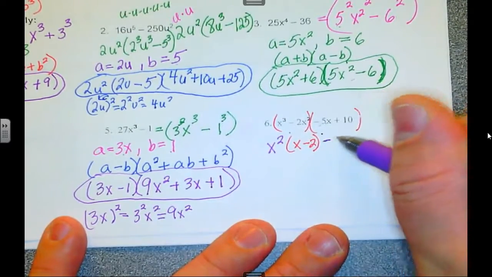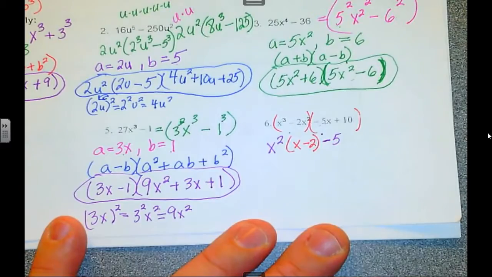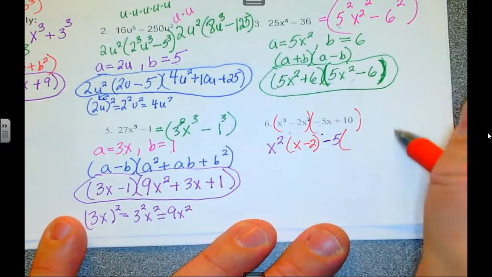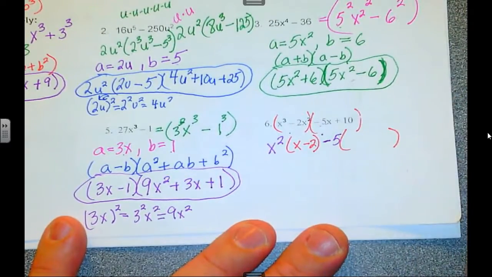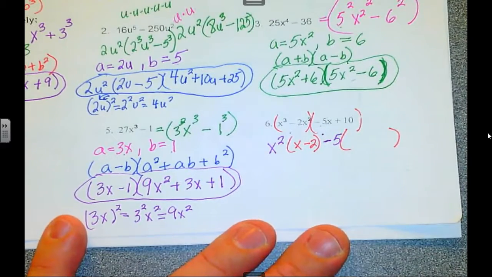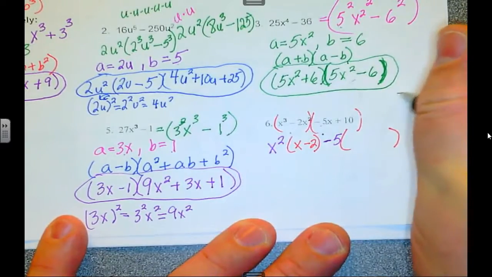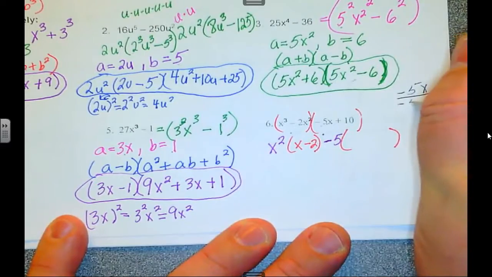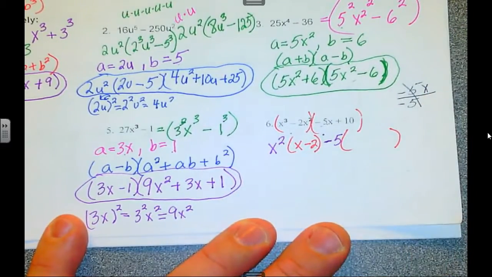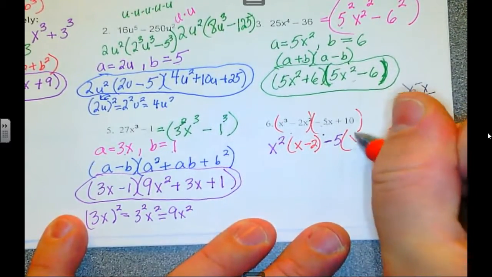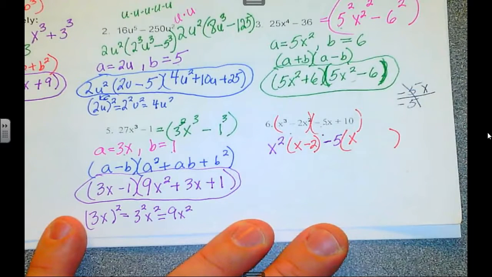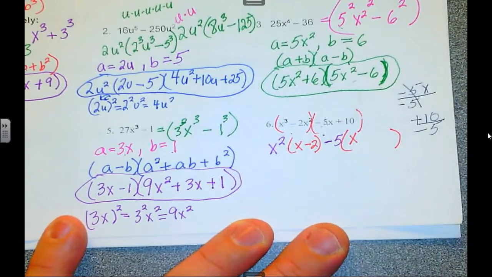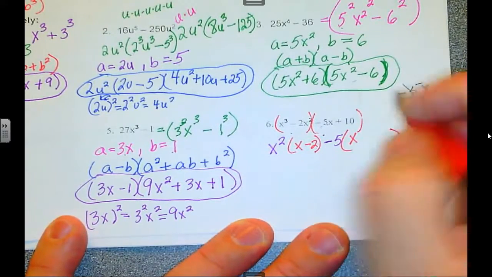So I'm going to take out the minus 5. All we're doing is dividing. What's negative 5x divided by negative 5? X. Very good. What's positive 10 divided by negative 5? Negative 2.